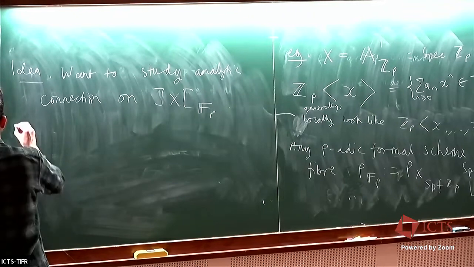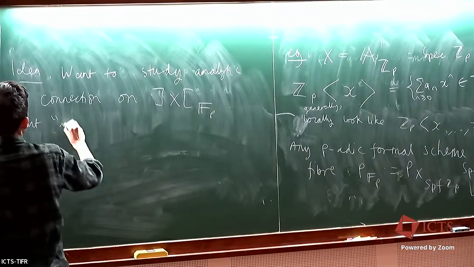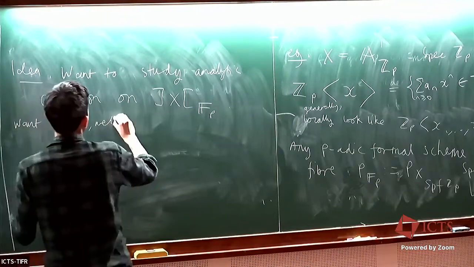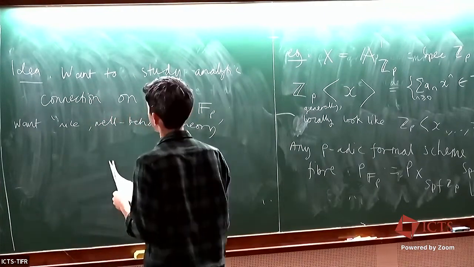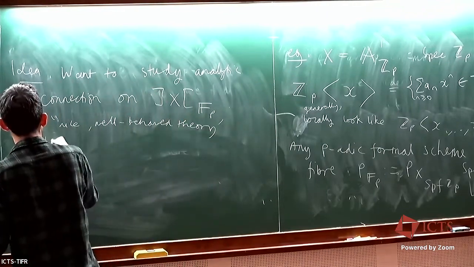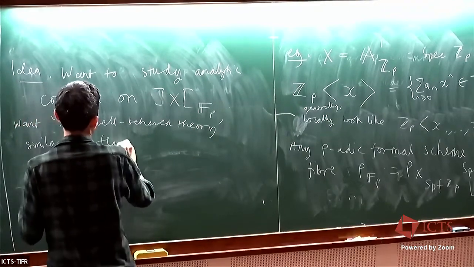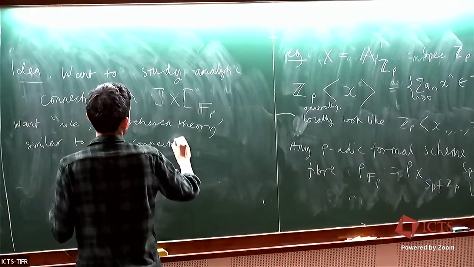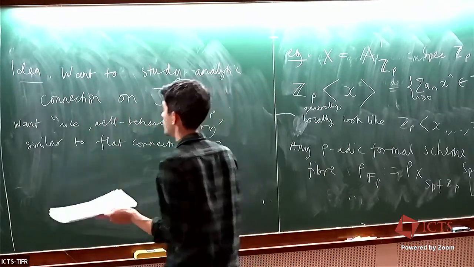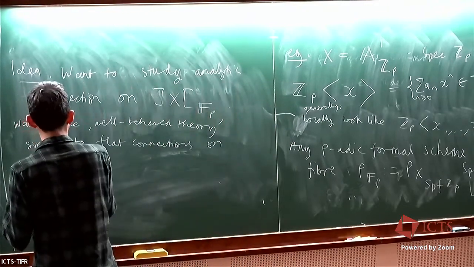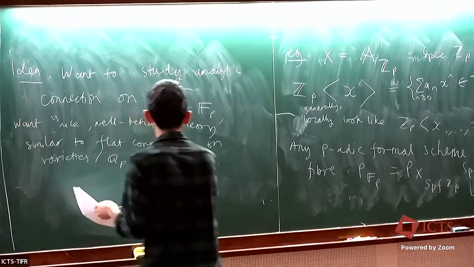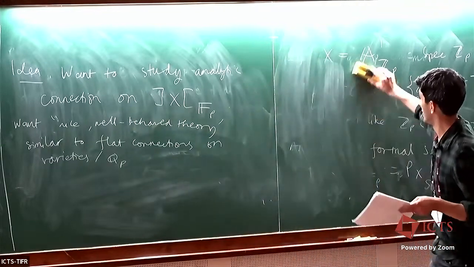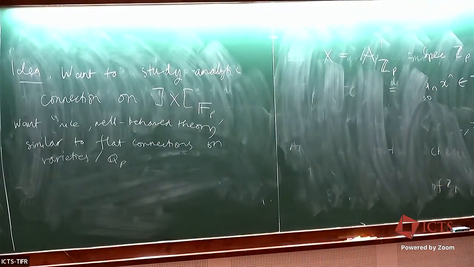And so I suppose we want a nice, well-behaved theory which looks similar to the theory of flat connections on varieties over Q_p. So it seems like we're in good shape because we have a notion of functions and we have a notion of differential forms in rigid geometry.